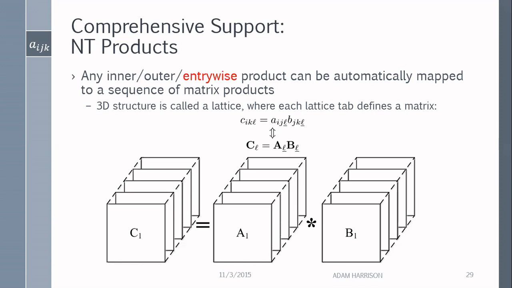And based on the index pattern, the result is also a tensor with 3 indices, a degree 3 tensor. So which indices are undergoing an inner product, which ones are undergoing an outer product, which ones are undergoing an entry-wise product. We can map automatically to a sequence of matrix products where each matrix has the same number of rows and columns. And you can see that here. So all of these, theoretically, could be done in parallel, and then we can map the result back.